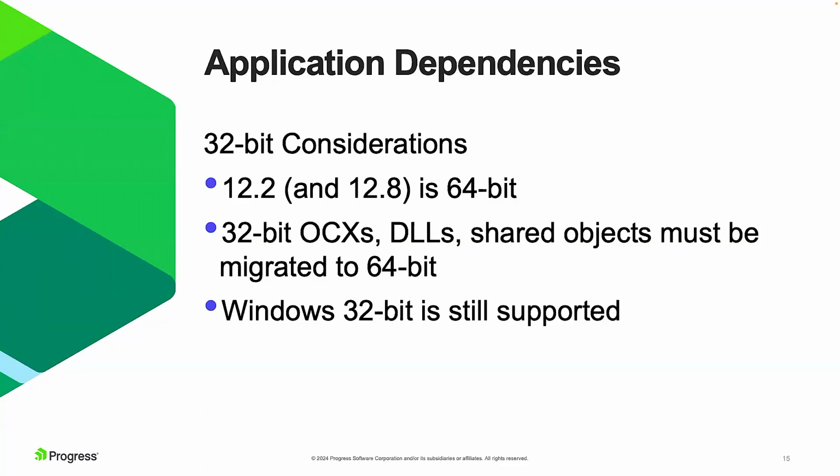There is no 32-bit, and so this is another area that we assist customers with. So if the customer has a lot of OCXs on their 32-bit client, they could continue to run on 12.2 on their client, but they would have to make sure everything for the 64-bit servers is up to date, right, Chris? Right, correct. Okay, thank you.